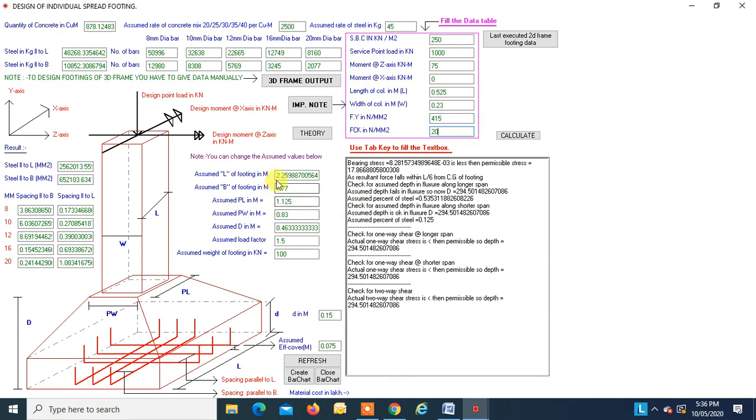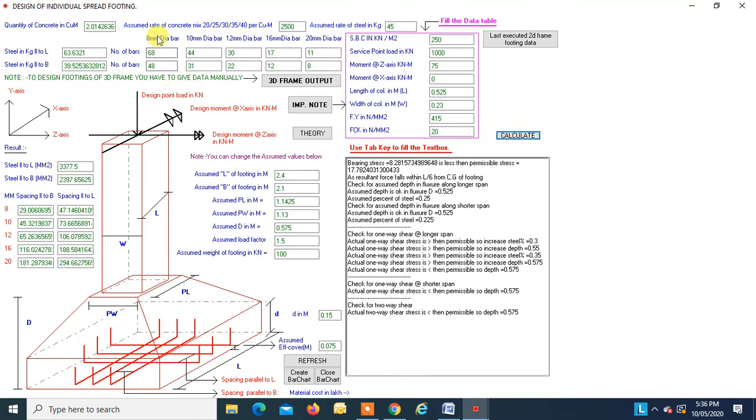Let me again change the values. This is 2.1, this is 1.1425, this is 1.13. We are considering D as 0.525. That's where it's calculated.